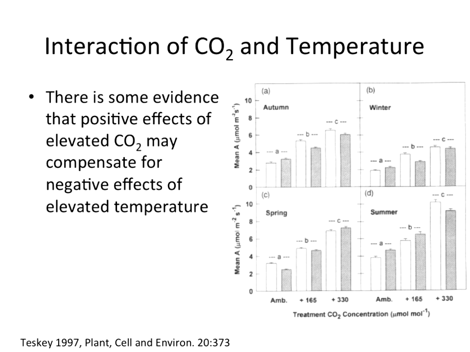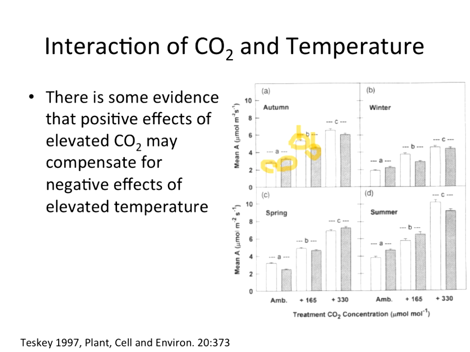So these data also from the University of Georgia show in hollow bars and filled bars differences in carbon gain associated with ambient temperature in hollow and elevated temperature in solid bars.